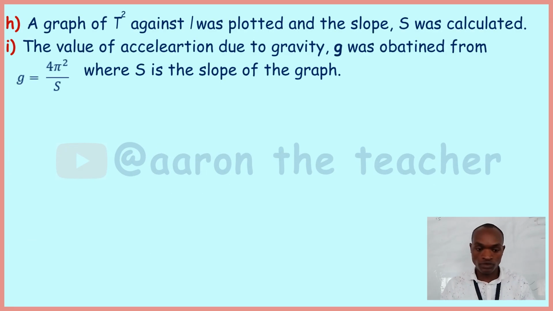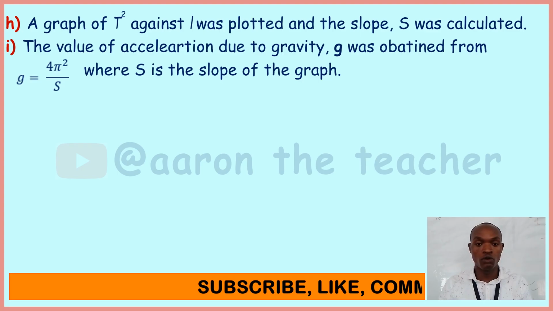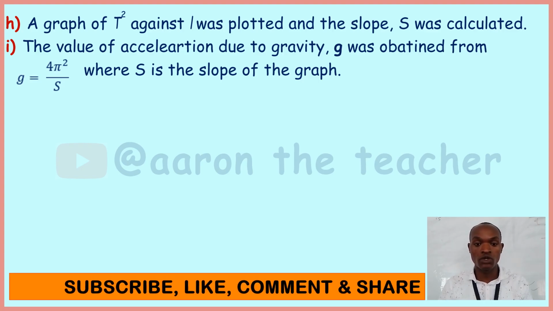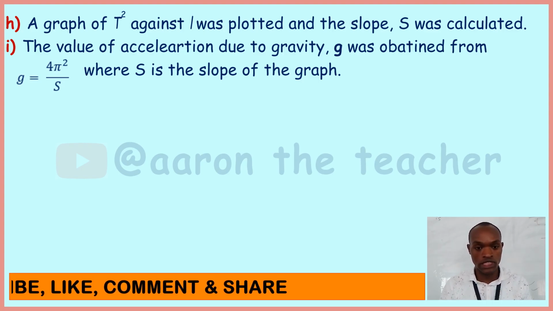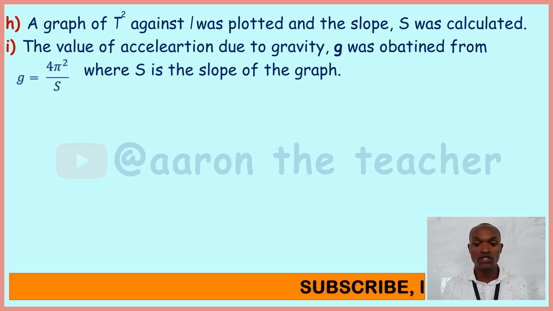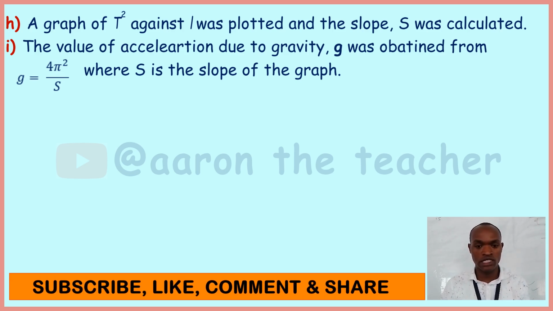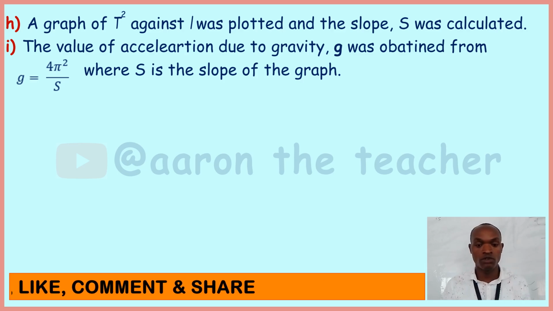Next is procedure H, which tells us that a graph of T squared against L was plotted and the slope S was calculated. Lastly, procedure I: the value of acceleration due to gravity was calculated from g equals 4 pi squared over S, where S is the slope of the graph.